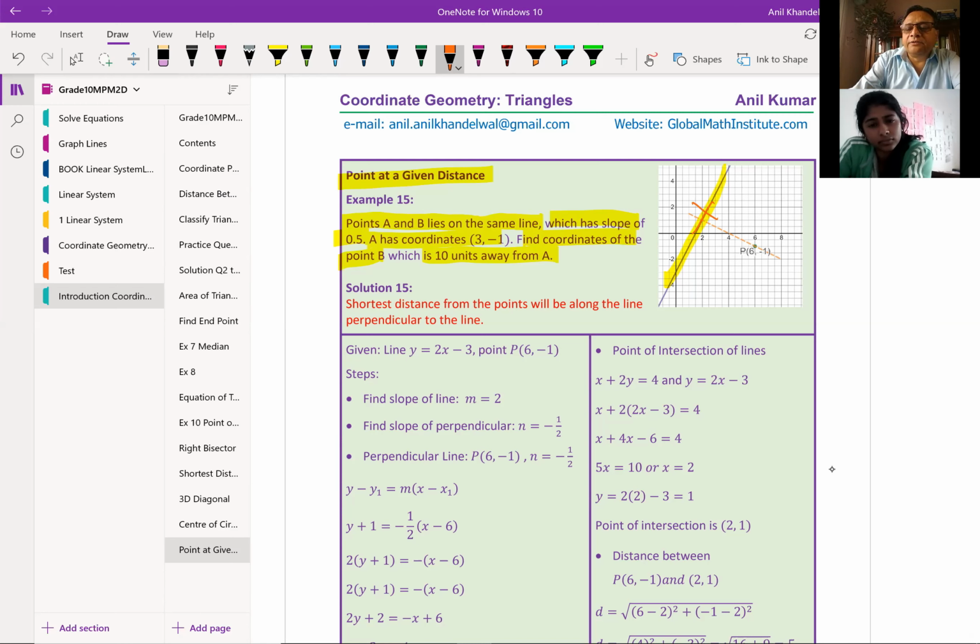So let's redo. Let's say this is my point A given to us, and the coordinates of point A are (3, -1), and we know the slope of this line m is half. Is that clear to you? We want to find the point B, and the distance of point B is 10 units.